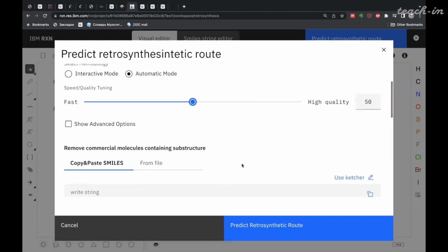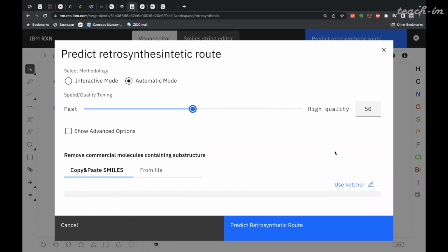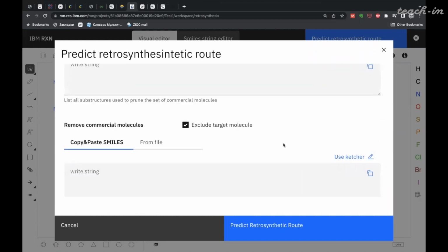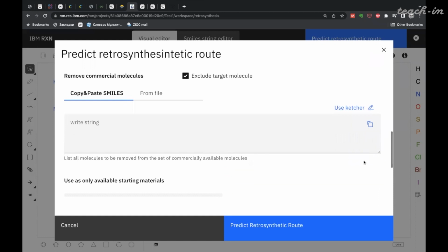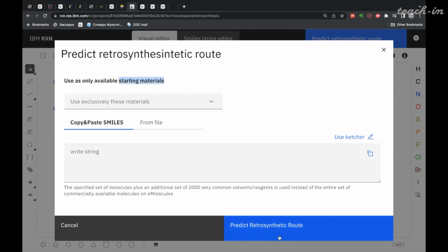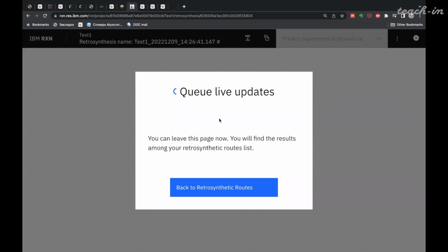We can select quality. We can customize retrosynthesis by selecting some starting materials that are available, and we can submit a job.